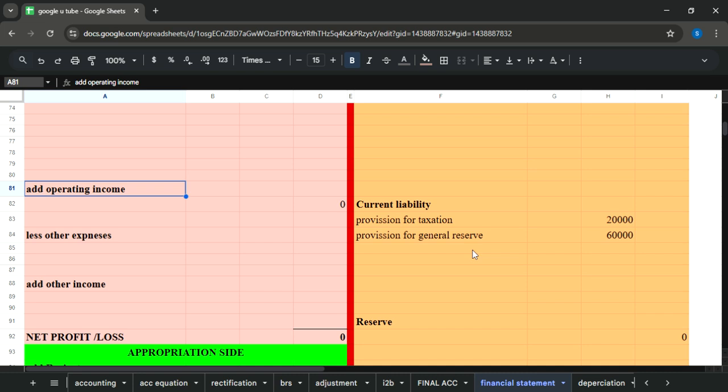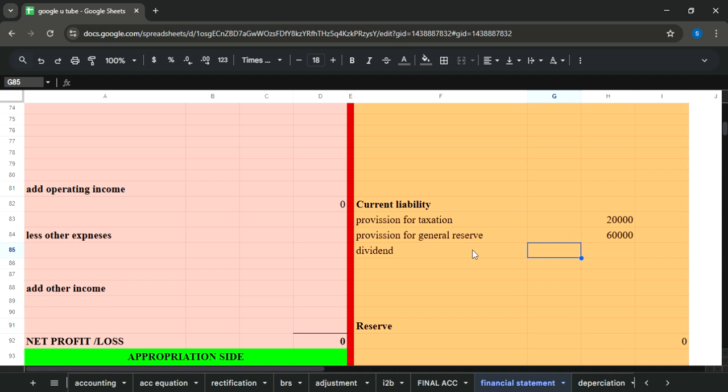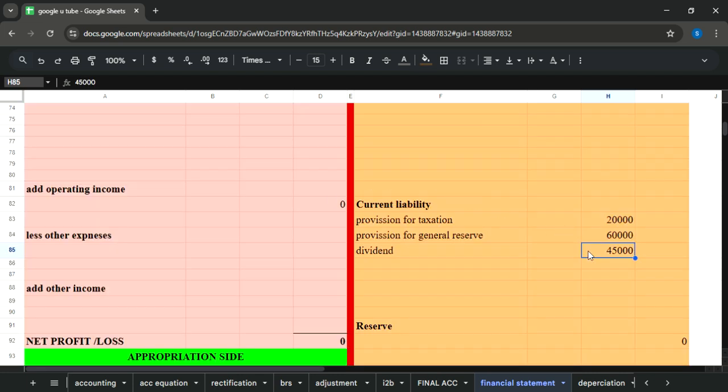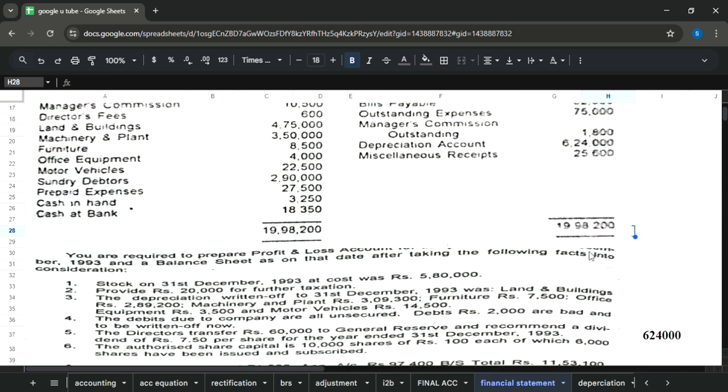Now let's come to the current liability side, and here dividend, the amount of which we have just calculated, 45,000. So you can see that dual effects are completed, one on the appropriation side and secondly on the liability side. It means this adjustment is also completed. So guys, you have seen that there were 6 adjustments and the last adjustment was only information.